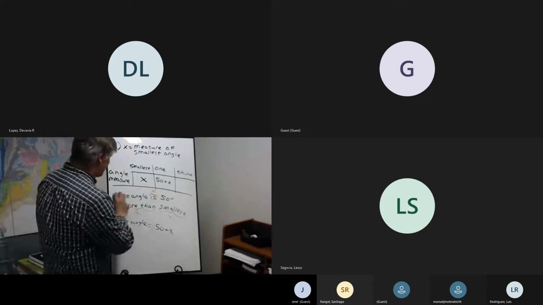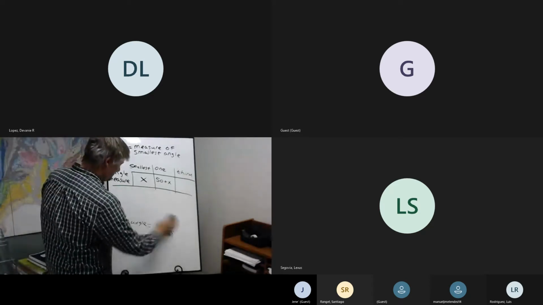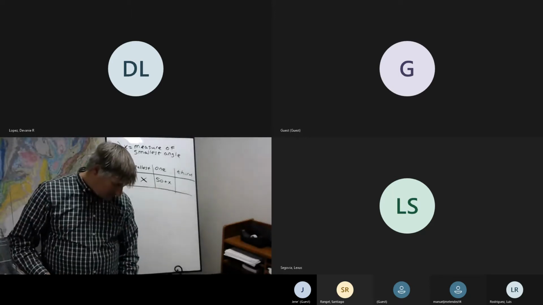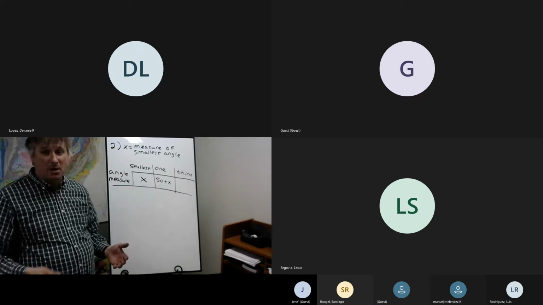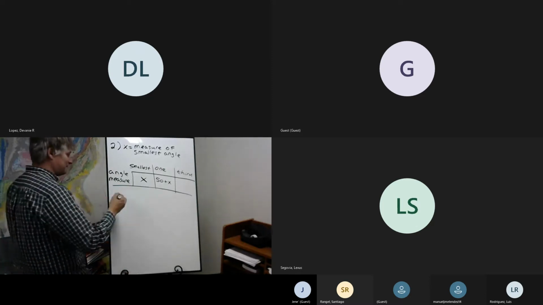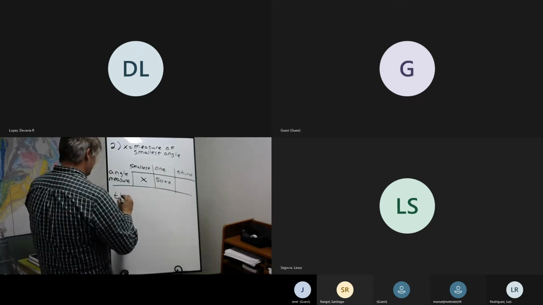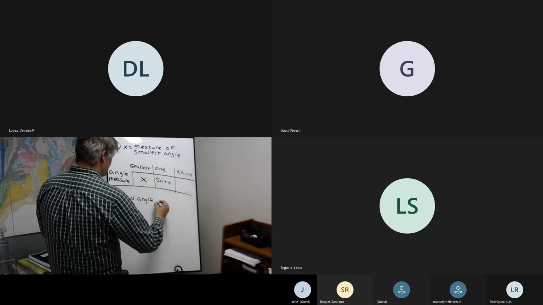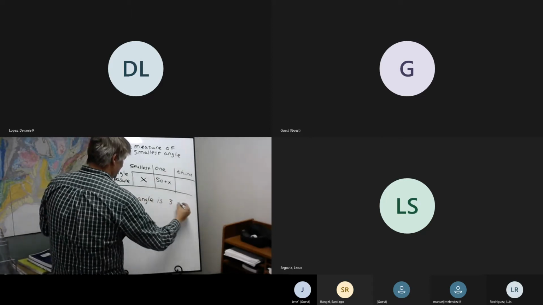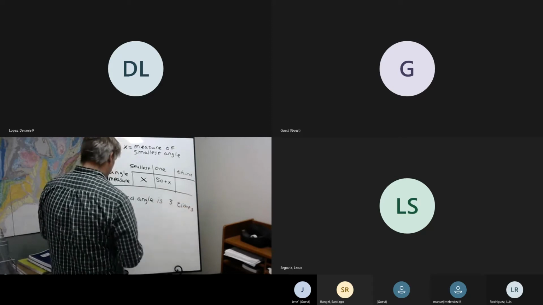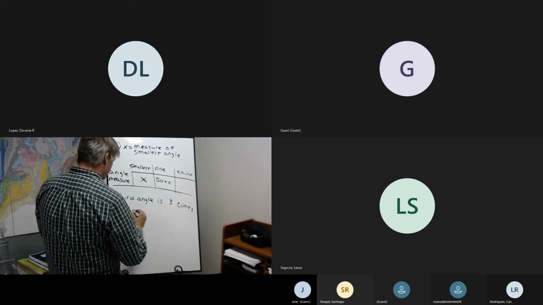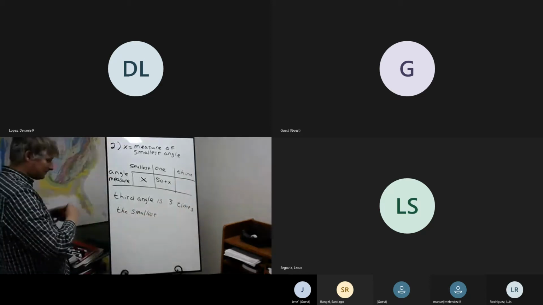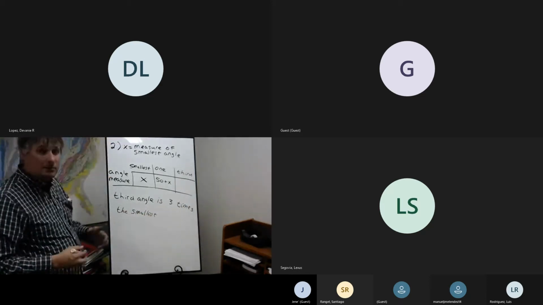Now for the third angle. What do we know about that third angle? Well, what we knew is that the third angle is 3 times the smallest. So again, we're going to translate.